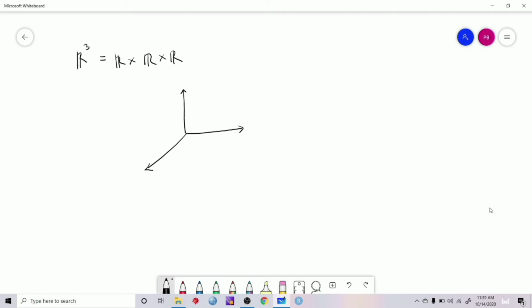So we are now in a three-dimensional space wherein this location corresponds to the x-axis, this location corresponds to the y-axis, and this location corresponds to the z-axis.